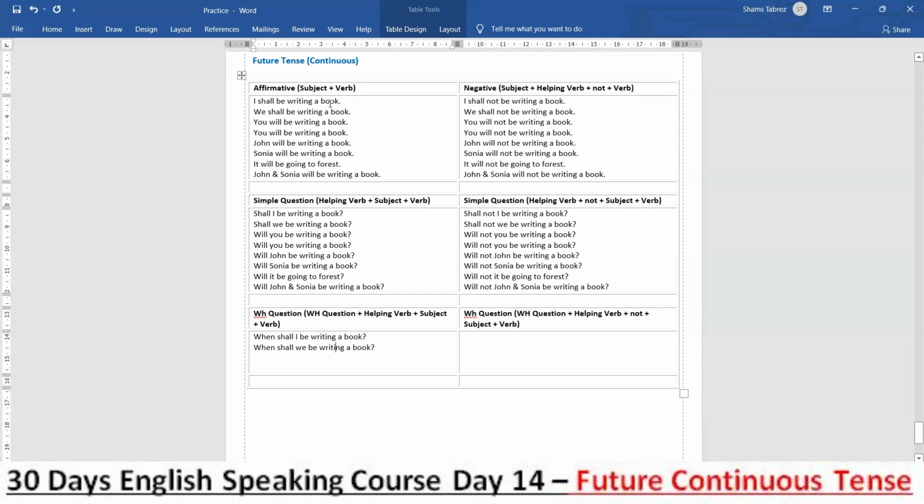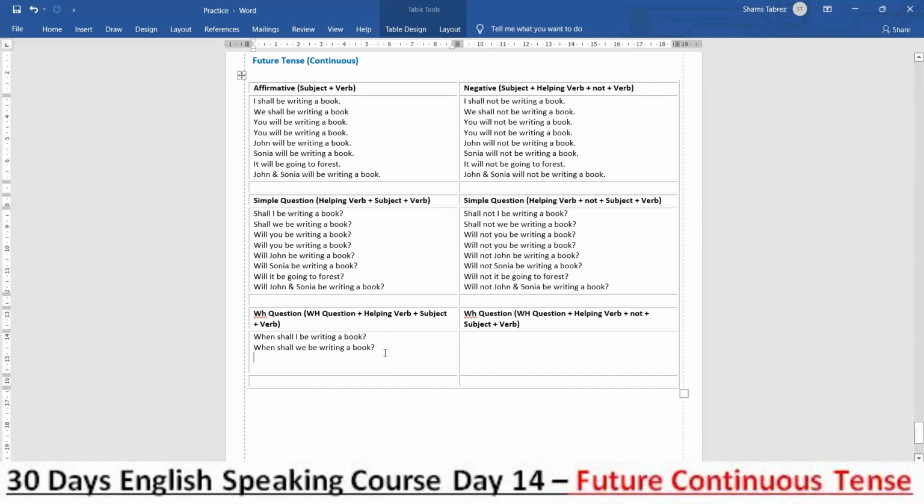So your answer should be also in future continuous affirmative. So when you are asking like, when shall we be writing a book? Your answer, because this question is in future continuous, should also be in future continuous affirmative. So we shall be writing a book tomorrow. Like this, you can add. Writing a book tomorrow, whatever. So answer to this one will be aligned here.